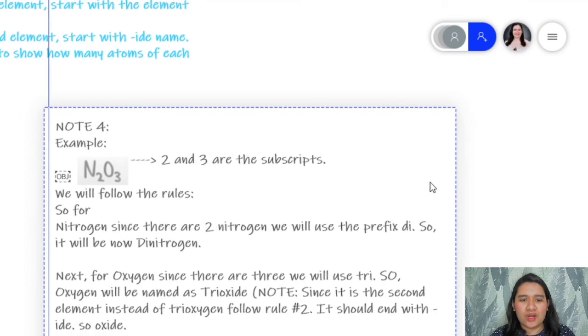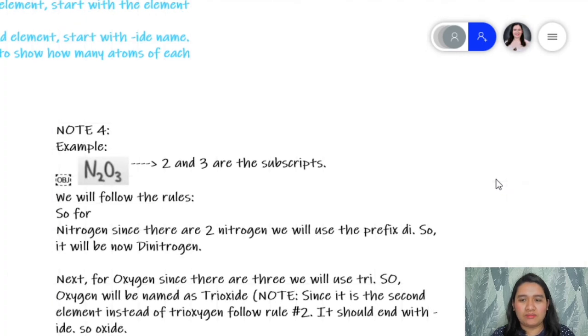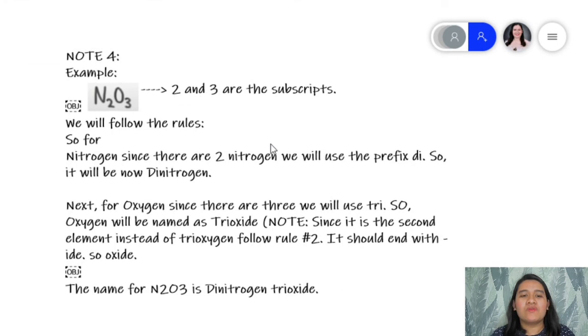For nitrogen, since there are two nitrogen, N2, we will use the prefix di. Again, we follow the rules that I have mentioned earlier. So it will now be called dinitrogen.